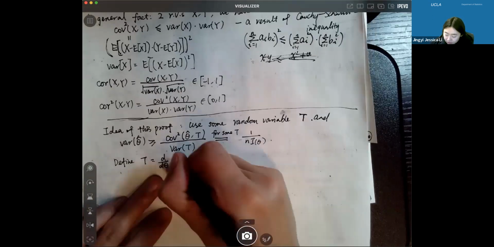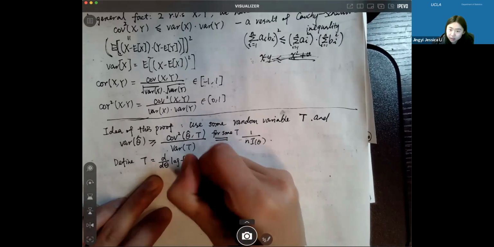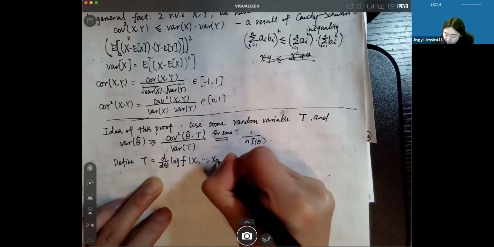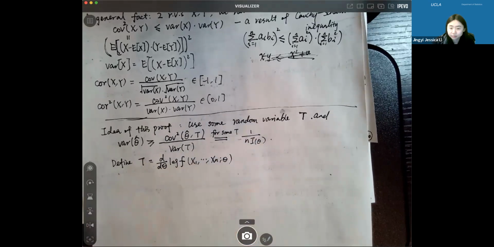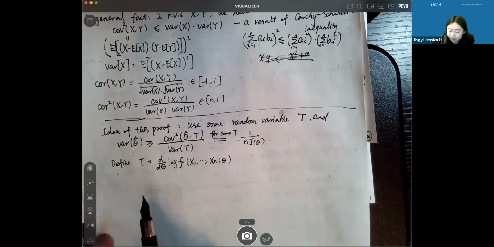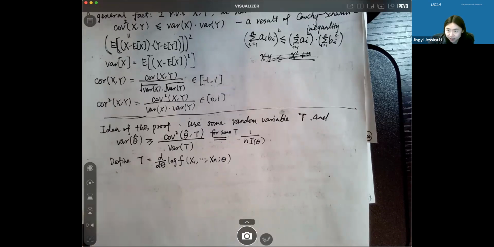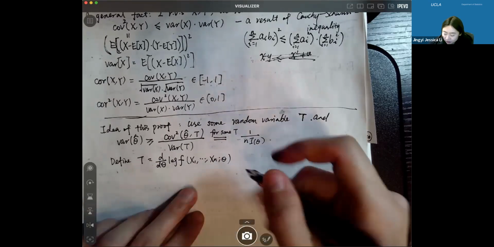So we define this t to be the derivative of the log joint density of x1 to xn given theta, okay, which is a random variable because x1 to xn are random. And we're going to use some results we already derived about the special thing about this log density and its derivatives that will all get into play.